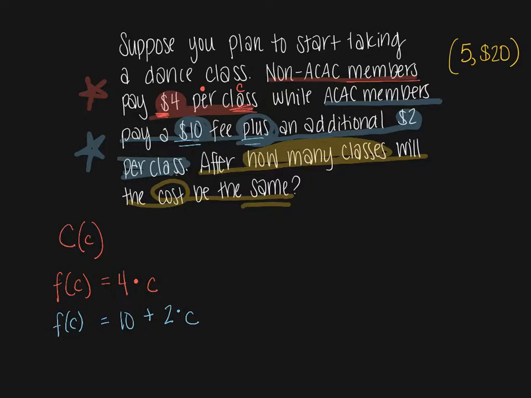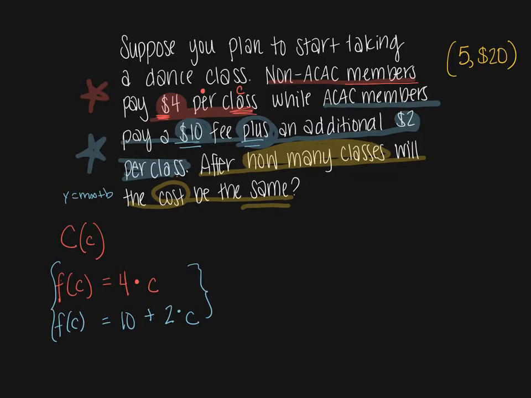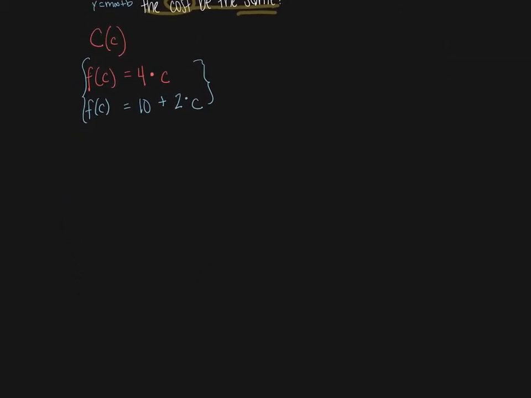All right, let's look at rewriting these once I have these down so that they look like something like y equals mx plus b, because that's the easiest one to graph from. So let's rewrite the system. And my first function in terms of cost is simply 4c.